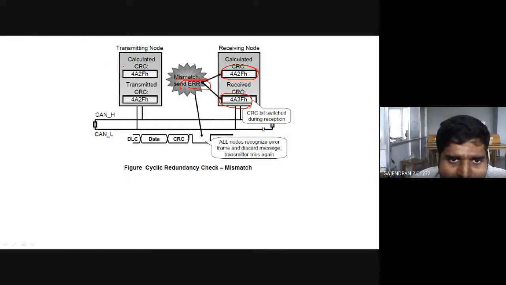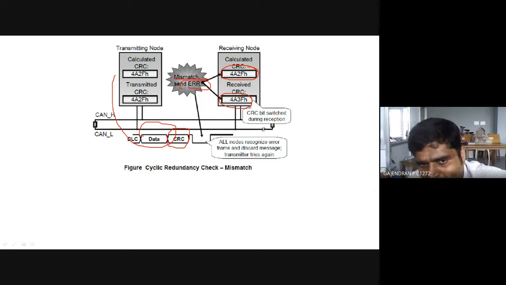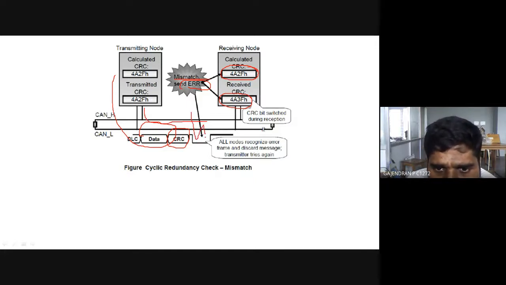What are we doing? When sending information, we add a few more bits along with it. That is to check for errors. For example, when we transmit, if some disturbance occurs, it will lead to a wrong value at your receiving end. See here, you are sending 4A2F, but on receiving it is 4A3F.